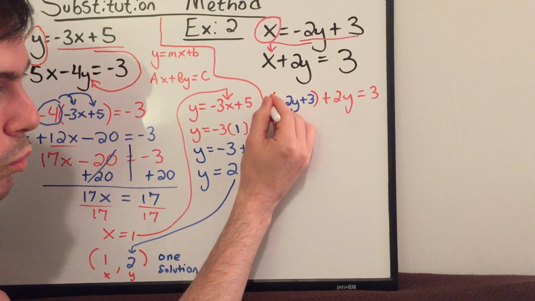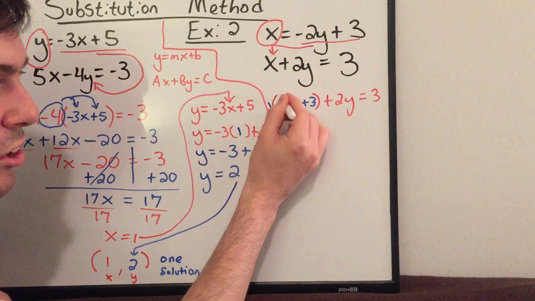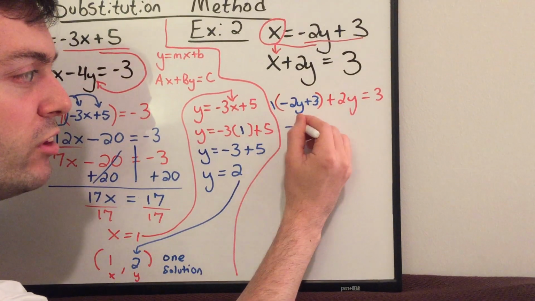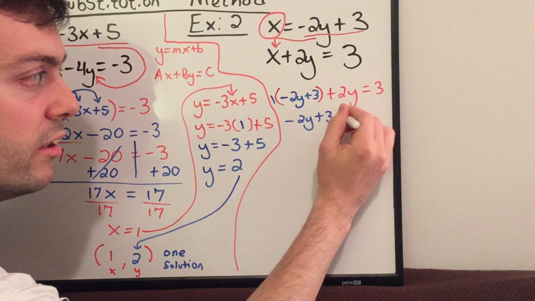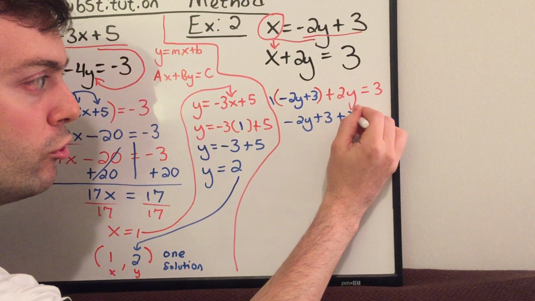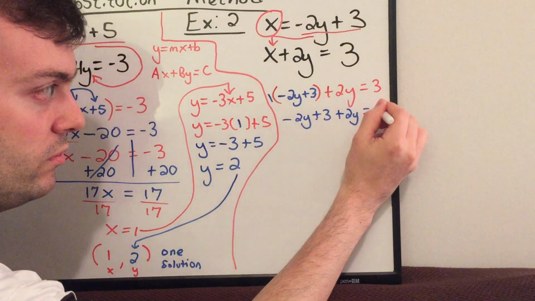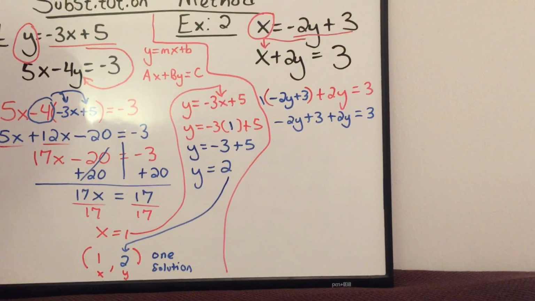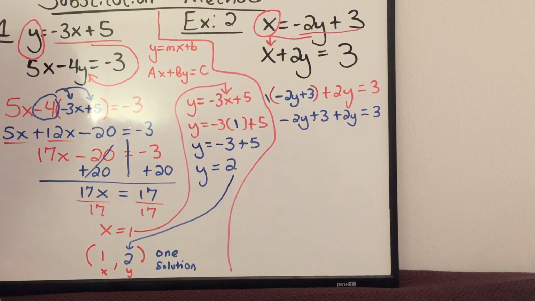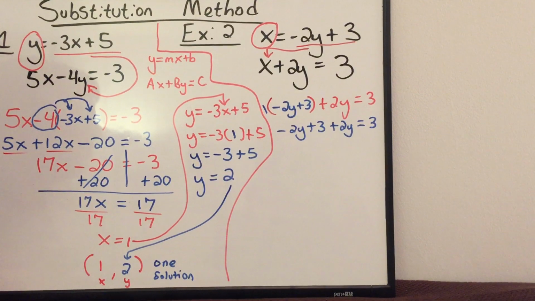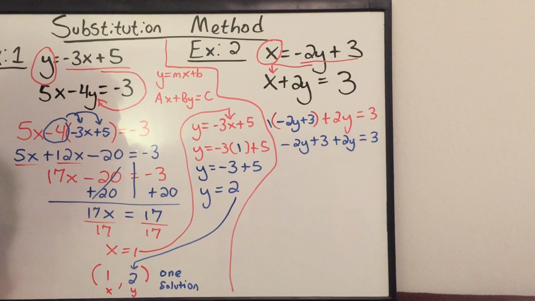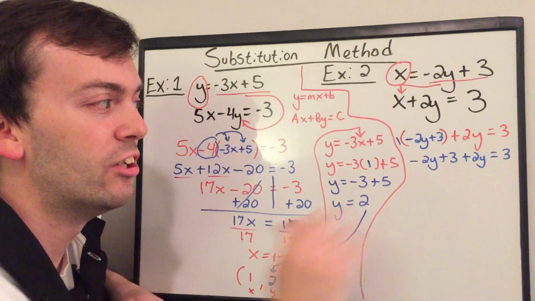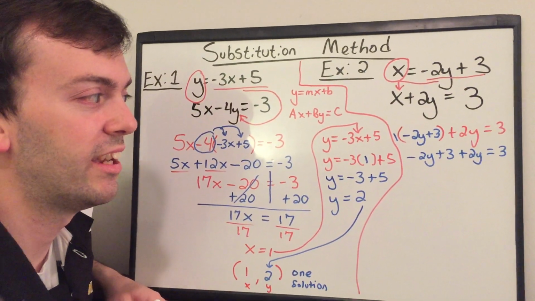I mean, technically I have a 1 right there, but if I distribute 1, that would just keep it as negative 2y plus 3, and then plus 2y equals 3. Okay? And then right here, this one is actually interesting. So I think I might actually finish this one up just to give you an idea of what happens here and to see if you guys can catch it.